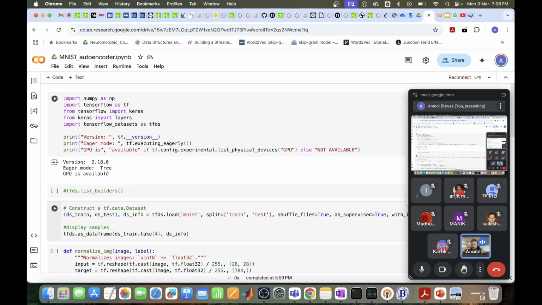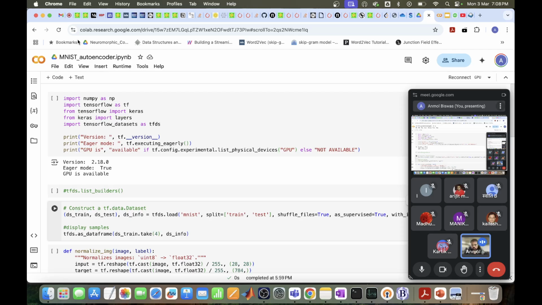So, MNIST autoencoder. This is what is called an IPython notebook, right? And what I'm using here to run it is Colab, which is a Google Cloud service that enables you to run these deep learning experiments on the cloud, on Google GPUs.